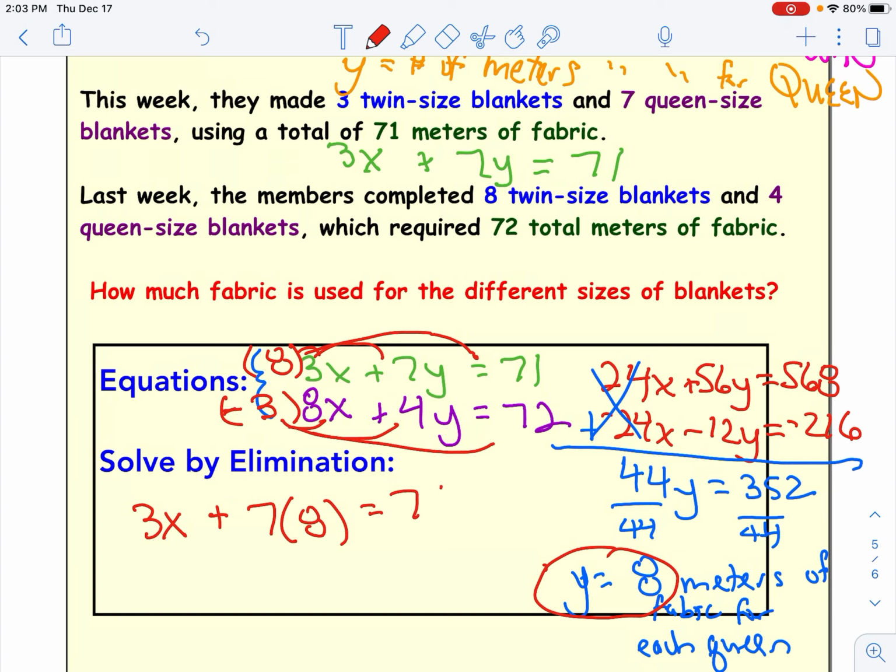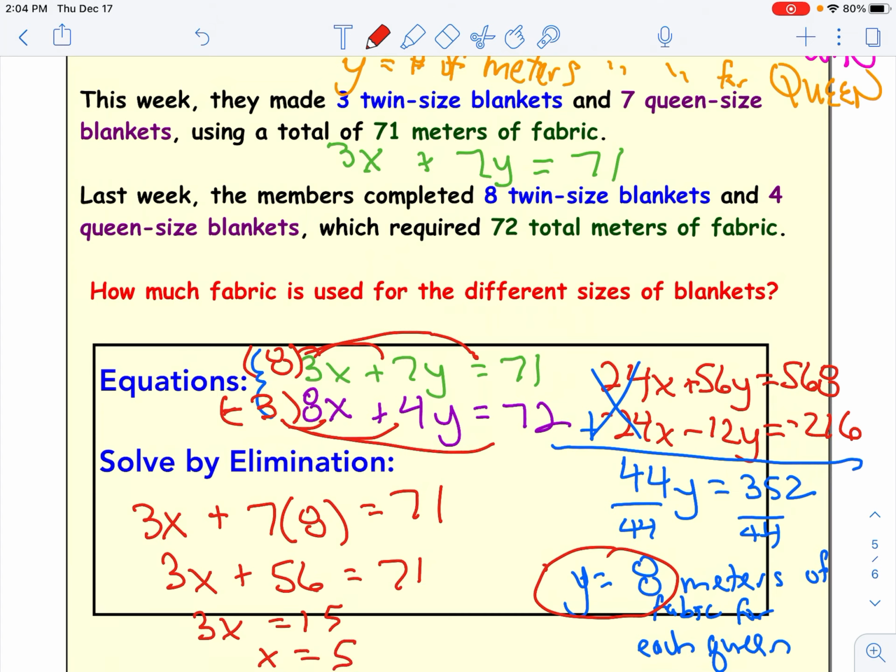And that total amount of fabric that we used was 71. So now I take 71 and subtract 56, because remember this was 3x plus 56 equals 71, and that gives me 15. So 3x equals 15. So divide by 3 and x equals 5.